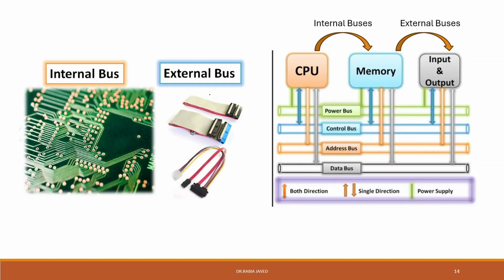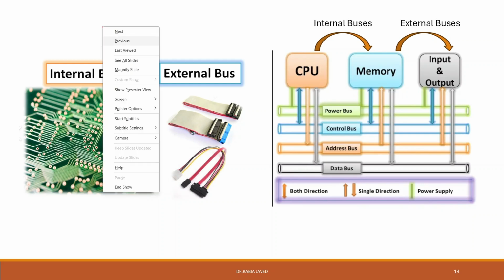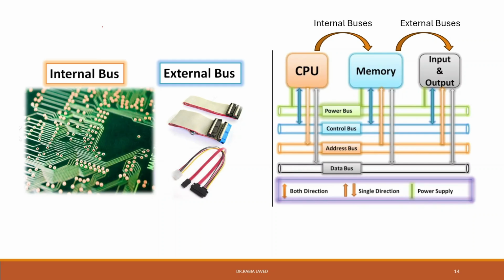Our buses are almost like a highway. What a highway does is connect two towns with each other. Similarly, a bus connects one device to another device like a highway.